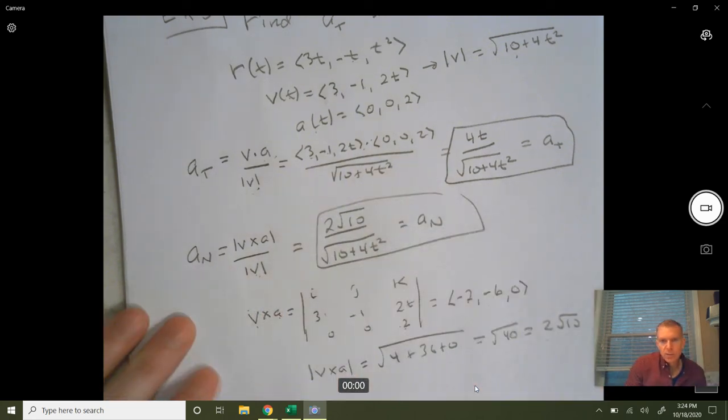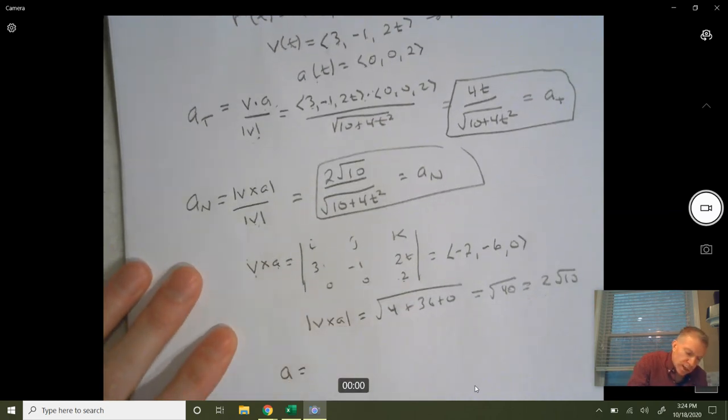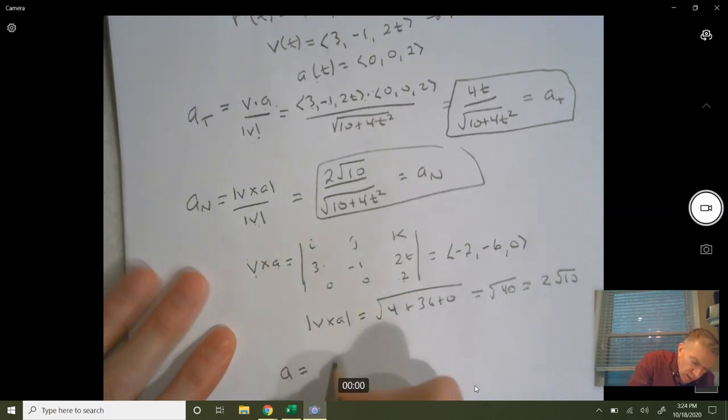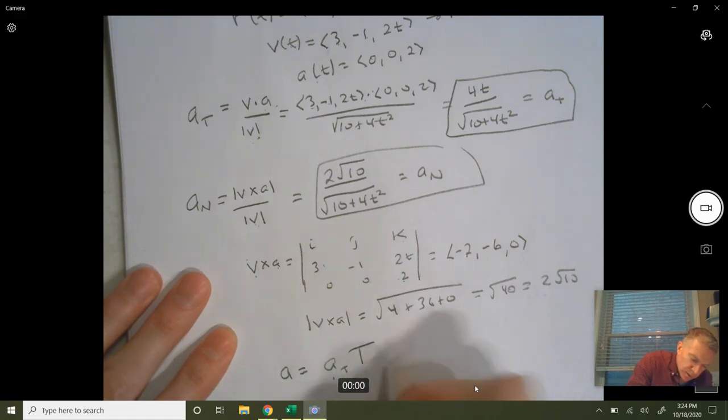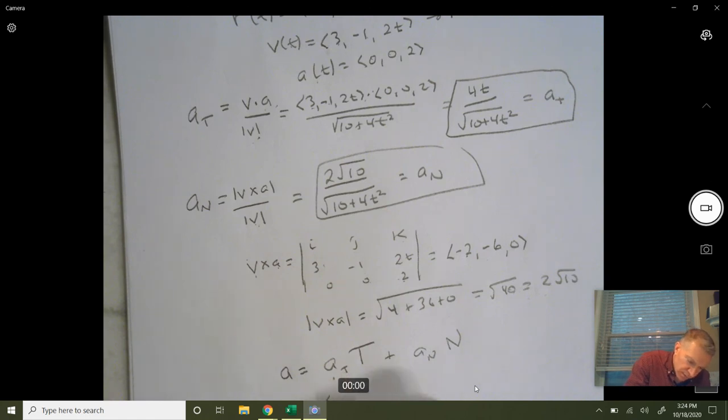Okay, so if you want to put this all together, remember our acceleration can be written as the tangential component of acceleration times your unit tangent vector plus the normal component of acceleration times your unit normal vector. So the tangential component is 4t over rad 10 plus 4t squared times T, plus your normal component.